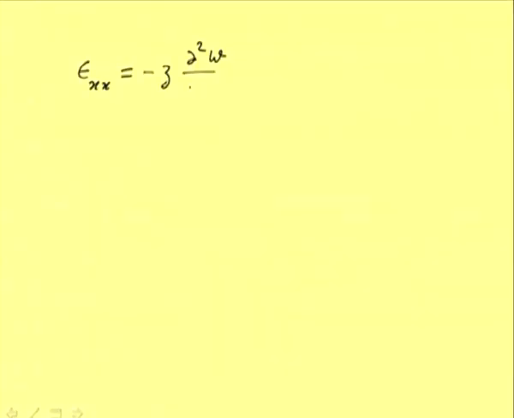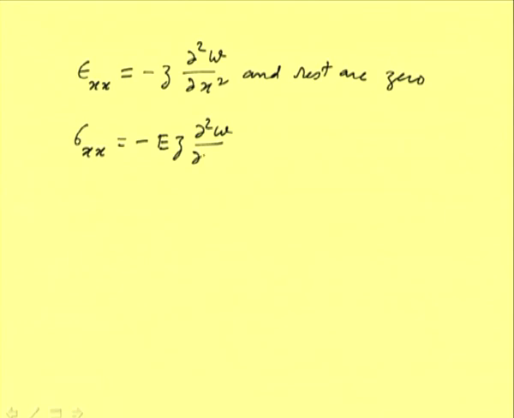So with this the strain field is given as only one strain will be non-zero, and the rest are 0. Similarly, the stress now we can obtain. Stress also only one component will be non-zero, others will be 0.